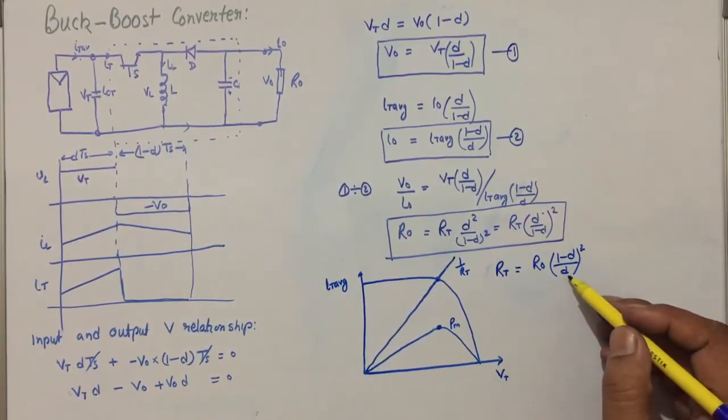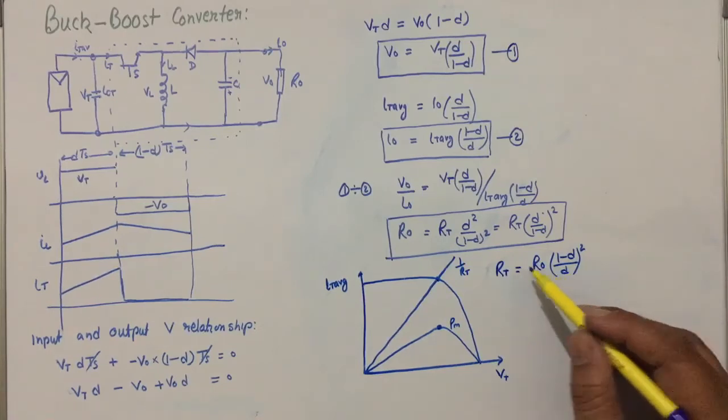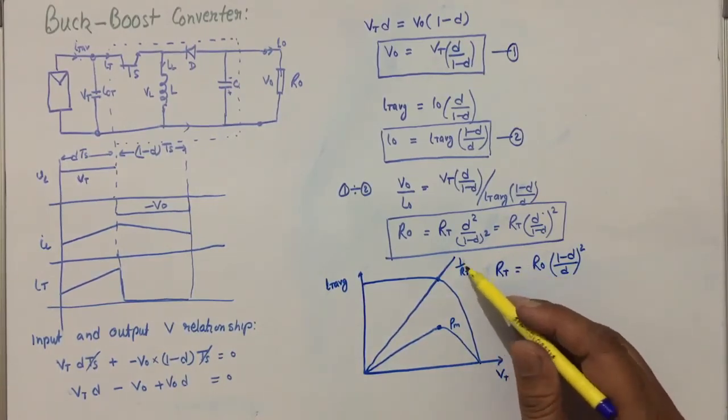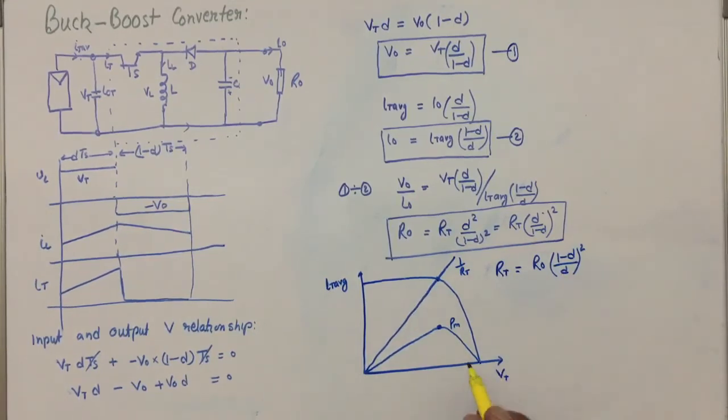If we put D equal to 0, then 1 by 0 will be infinite, RT will be infinite, and 1 by RT will be 0. So when D is 0, the slope of this line, that is 1 by RT, will be 0, meaning the line will be in this direction.